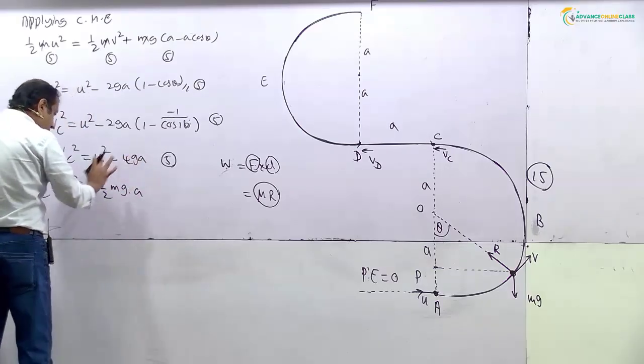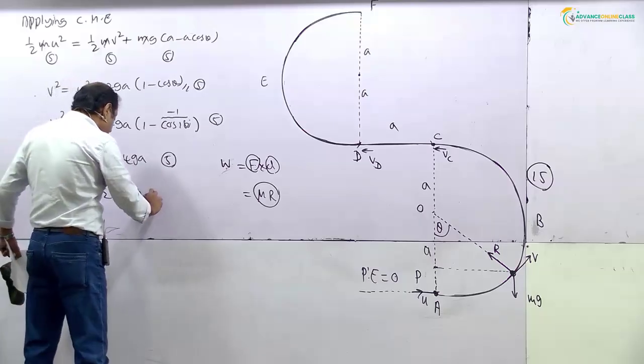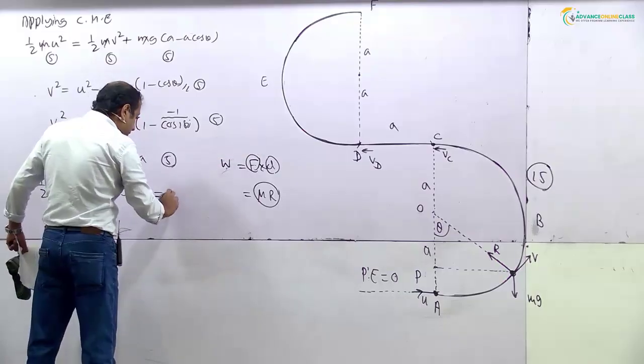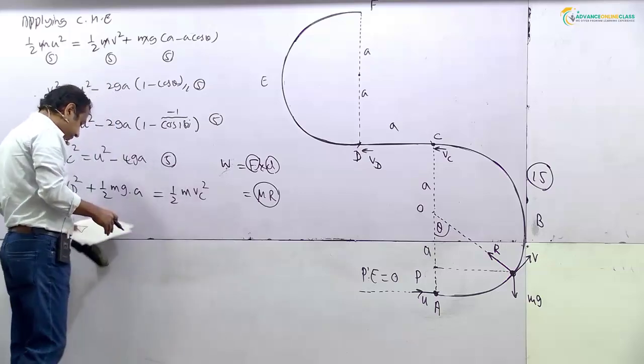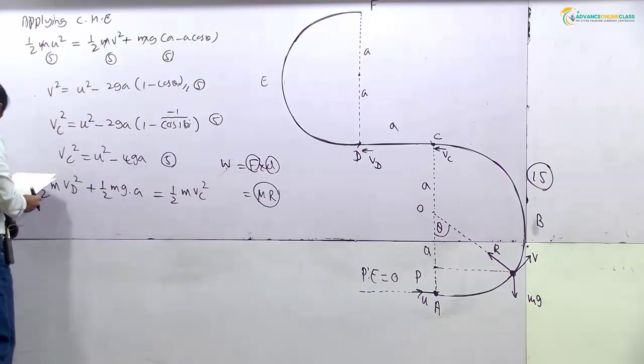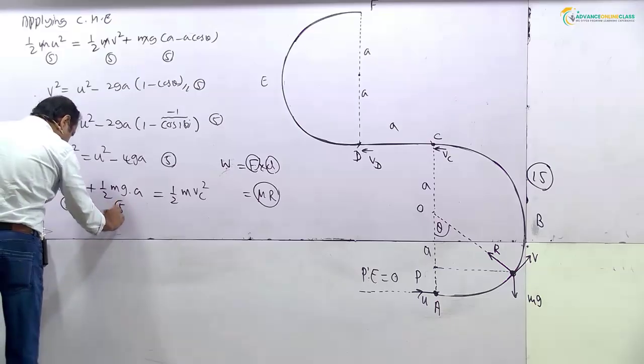This total should be equal to the kinetic energy at C, half m Vc squared. Then here you get 5 marks.